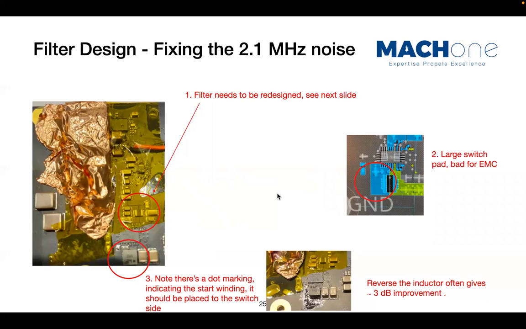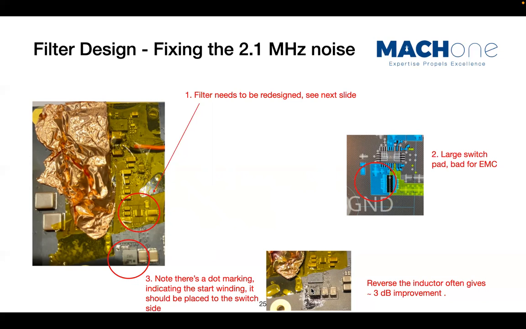Now move to the 2.1 megahertz noise source, because we just dealt with the first one, and now we need to deal with this one. This one also has a few problems. The first is I noticed that their inductor was placed in the wrong orientation, right? Often with these shielded inductors, you can see a dot, sometimes a line, indicating where the winding starts.